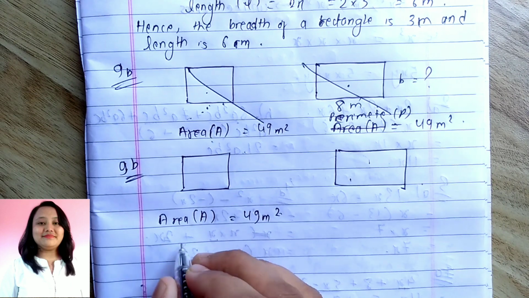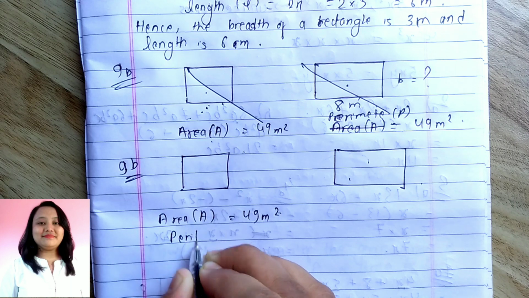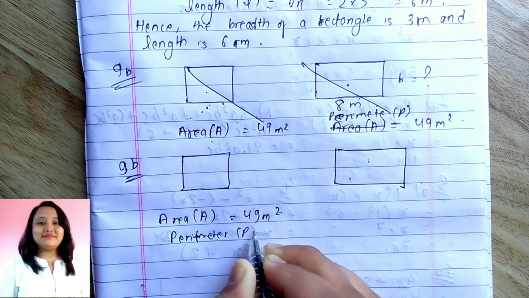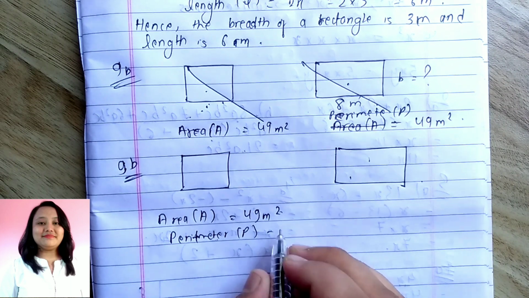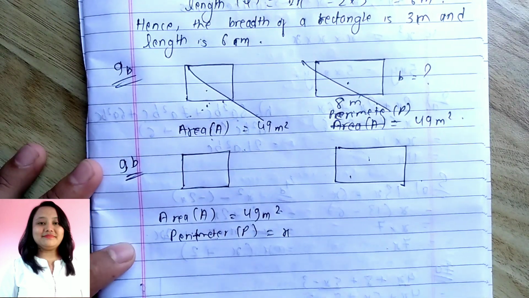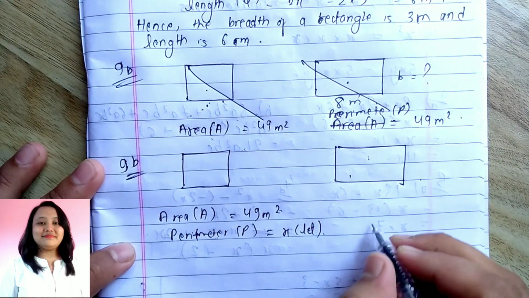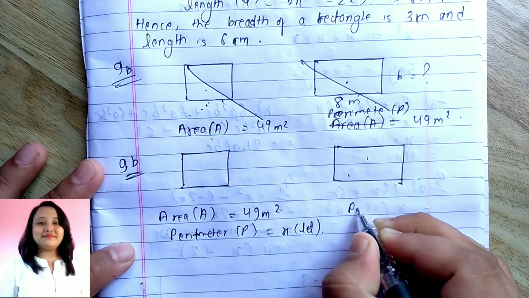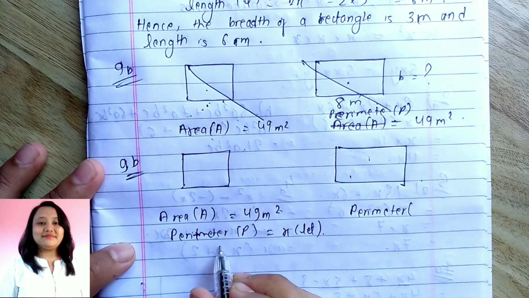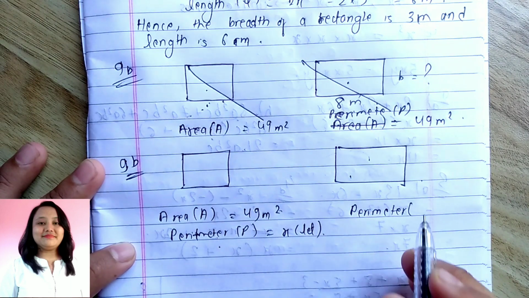This perimeter P we don't know, because it is not given, but we can suppose it is x. Here nothing is given, but it has said that the perimeter of this square equals the perimeter of the rectangle.